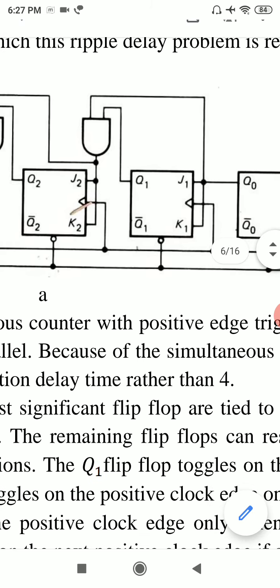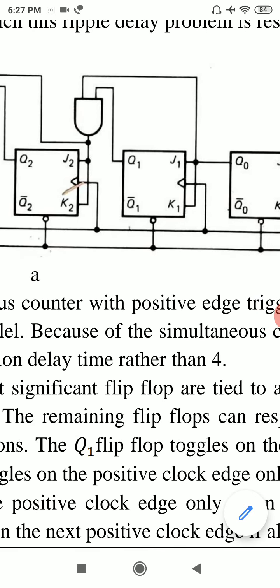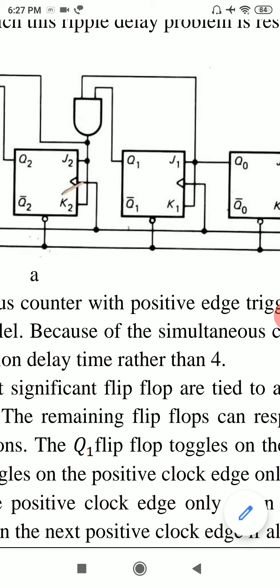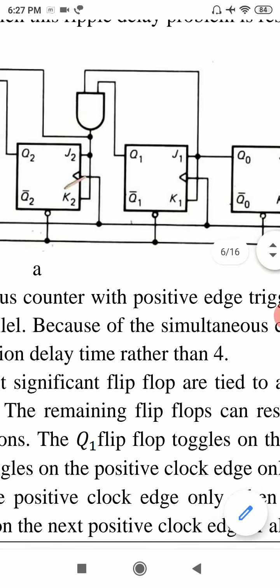And Q0 is 1 also. Q1 will toggle when Q0 is 1 because J1, K1 are connected to Q0. And if Q0 is 1, J1, K1 are 1, Q1 will toggle.